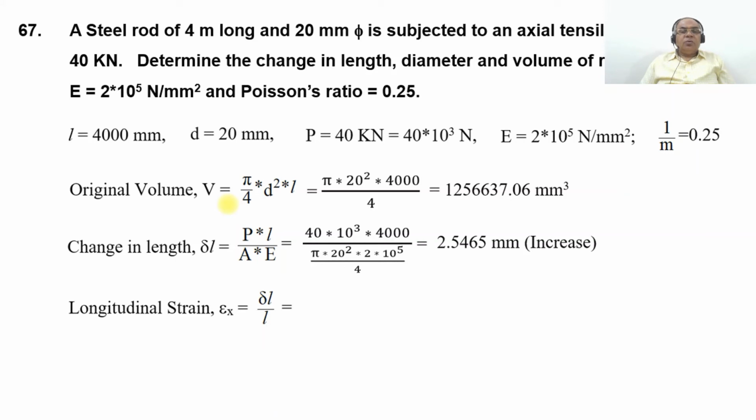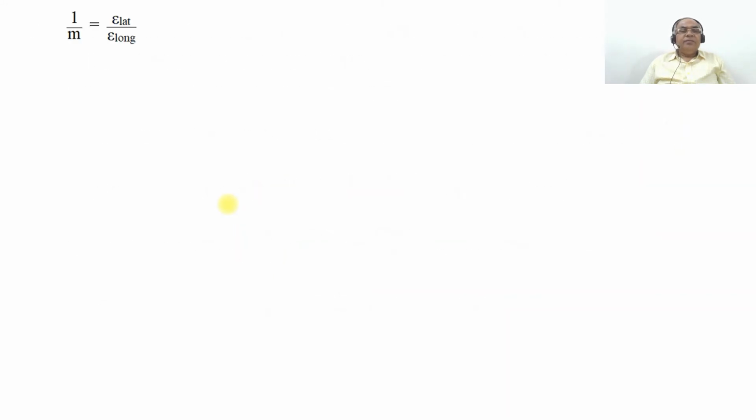So what is the longitudinal strain? Epsilon x will be equal to delta L by L. We know the value of delta L, substitute that value, 2.5465 by the length, which is 4000. On simplification, you are going to get 6.36625 into 10 to the power of minus 4, which is the longitudinal strain. So what is 1 by m? Epsilon lateral by epsilon longitudinal.